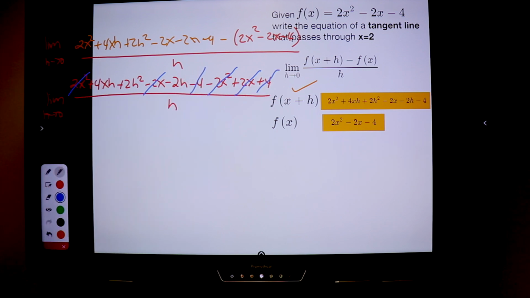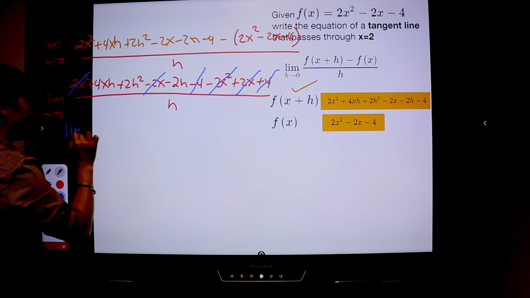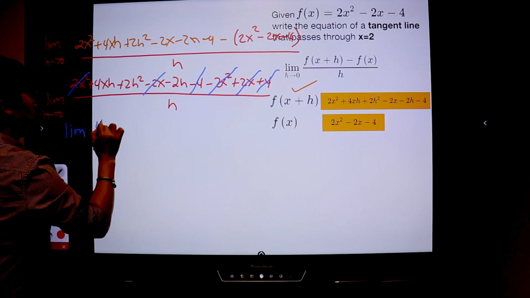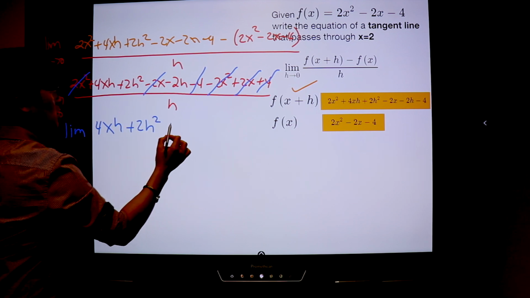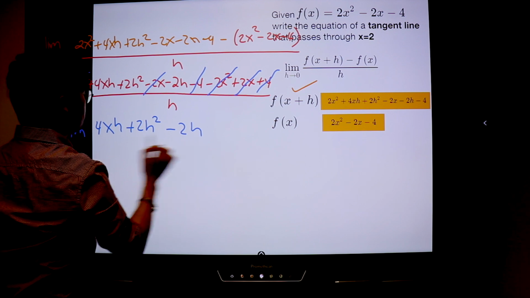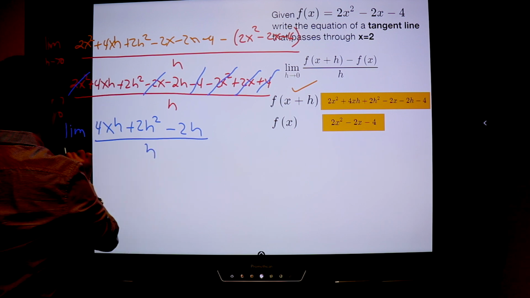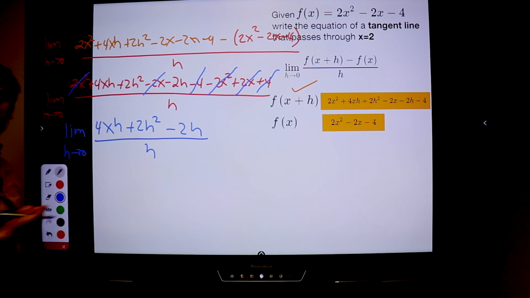So now our function is becoming smaller and smaller. So we now have a limit of 4xh plus 2h squared minus 2h all over h as h approaches 0. Now, if we substitute the value of 0 to h, do you think we'll have an indeterminate?